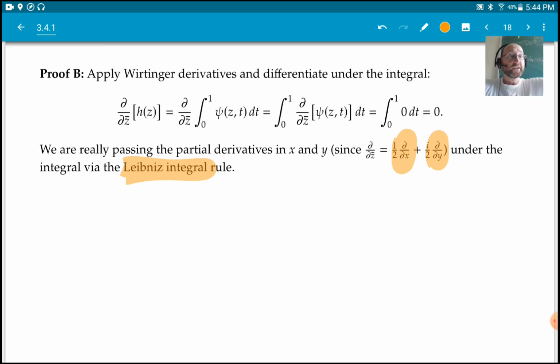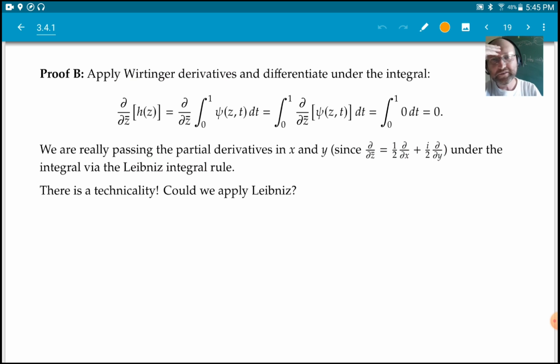Those are the ones that we're passing underneath, right? There is no such thing as a z bar derivative, really. Here that's the Wirtinger operator, right? It's this operator, right? That's what we're doing. So it's not an actual derivative. It's constructed out of actual derivatives, right? And we apply the Leibniz integral rule, and we presumably get the result.